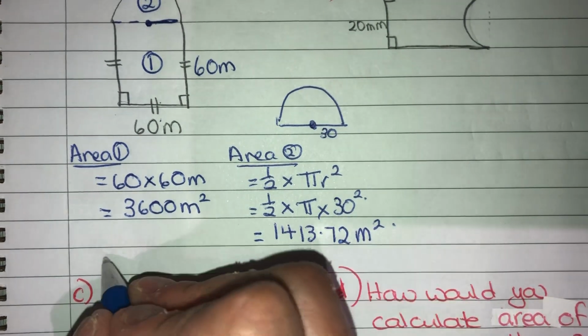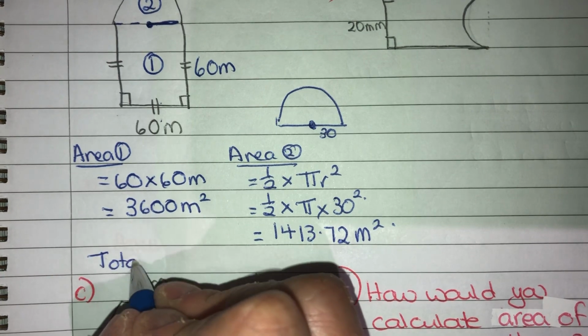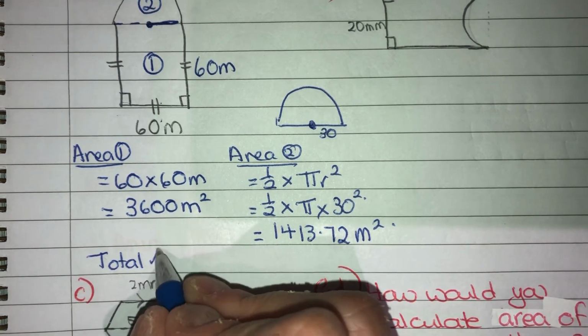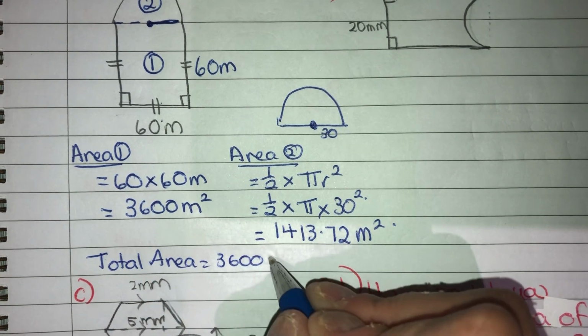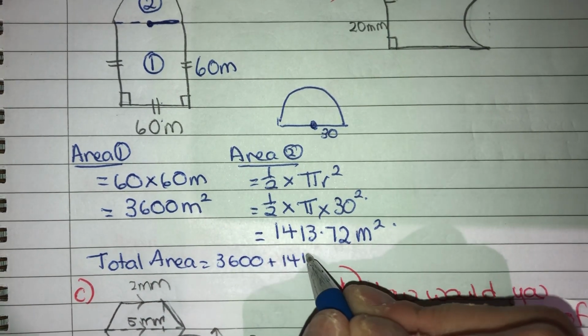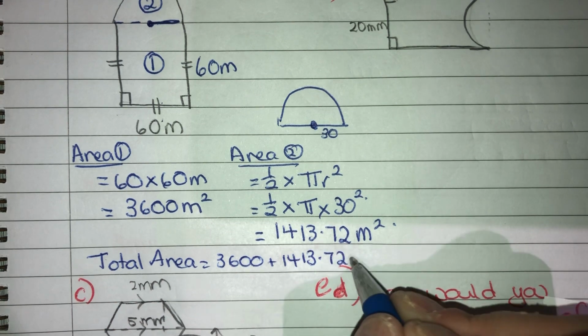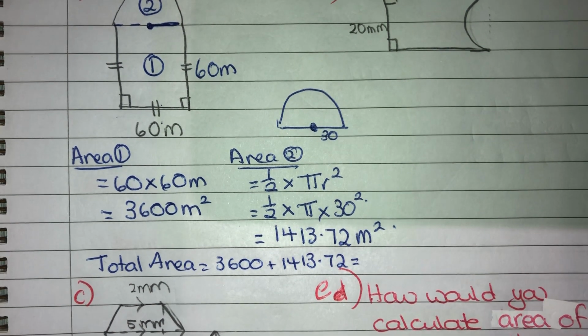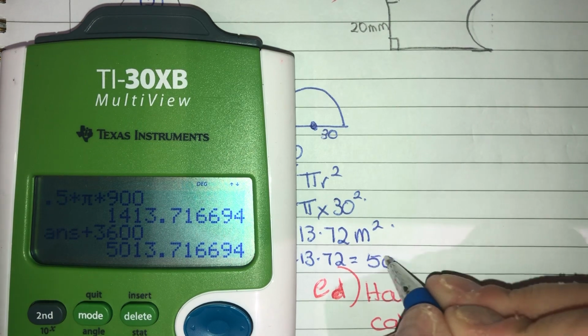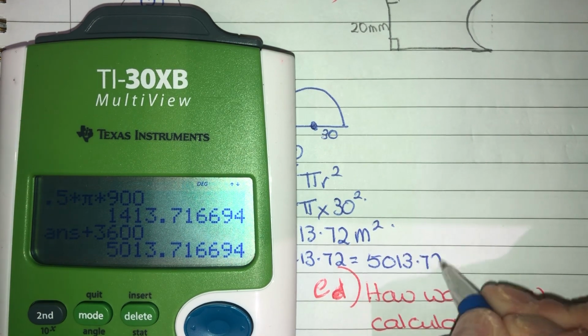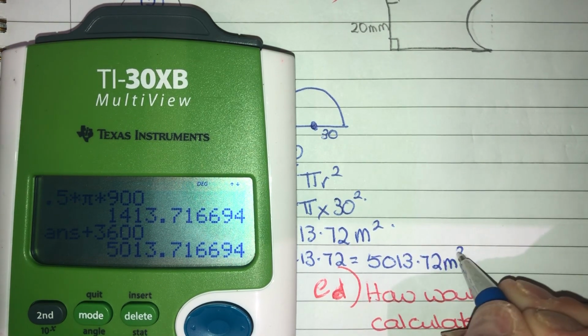So for the total area, you need to write area 1 plus area 2 equals total area, which is 3,600 plus 1,413.72, and your final answer should be, hopefully we get the same, 5,013.72 metres squared.